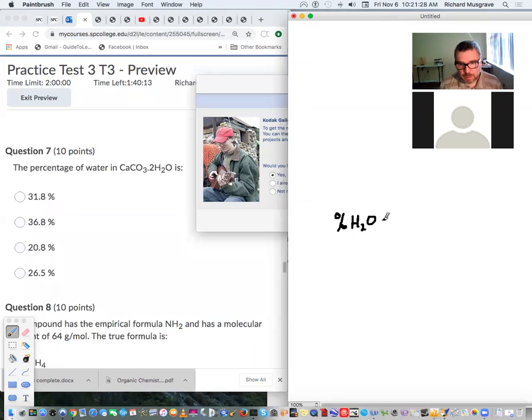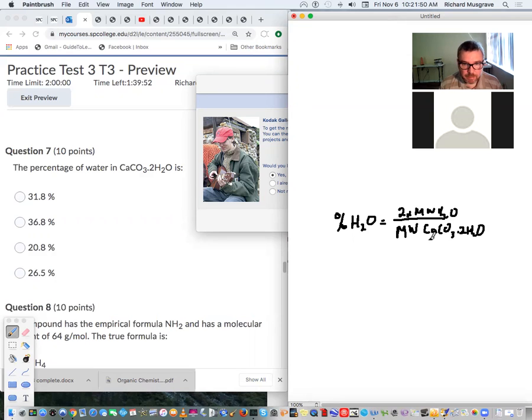The percentage of water is going to be, in this case, 2 times the molecular weight of water, because there's 2 waters in this compound, and then over the molecular weight of the entire thing, which is CaCO3.2H2O.